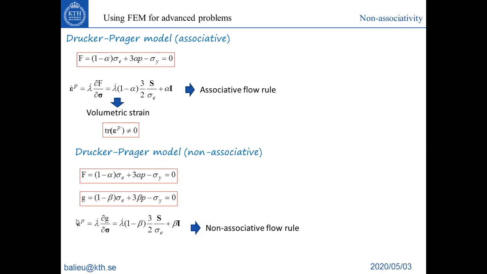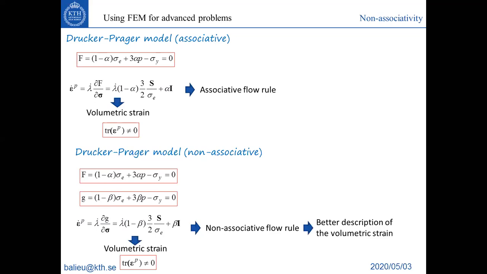So now my flow rule is deduced from the derivative of J with respect to the stress. So I get something very similar to this expression, but only the material parameters change. Why should we do this? To get a better description of the volumetric strain.